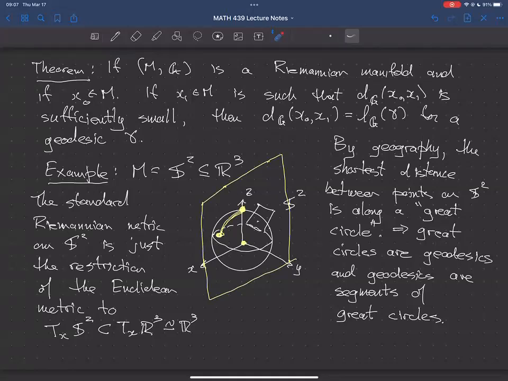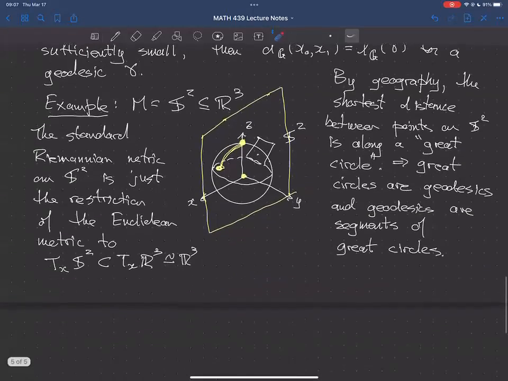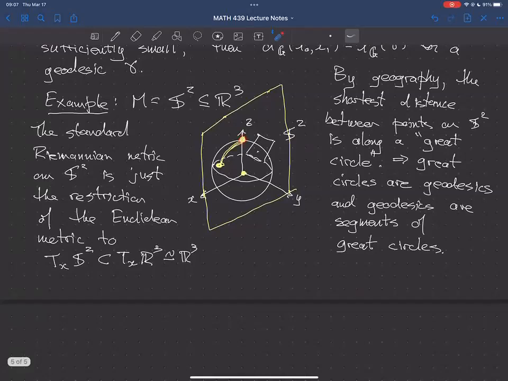Now let's look at our circle example. What this says is that if I start at the North Pole, for points that are close to the North Pole, the distance between the North Pole and that point is going to be the length of this great circle segment that joins it.